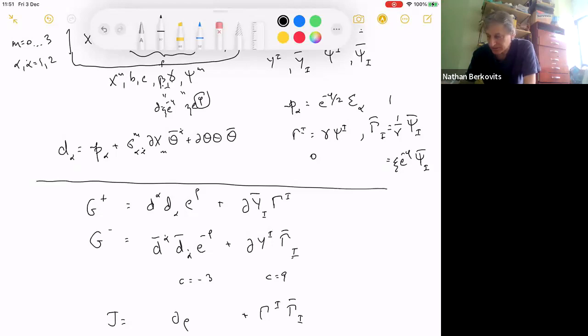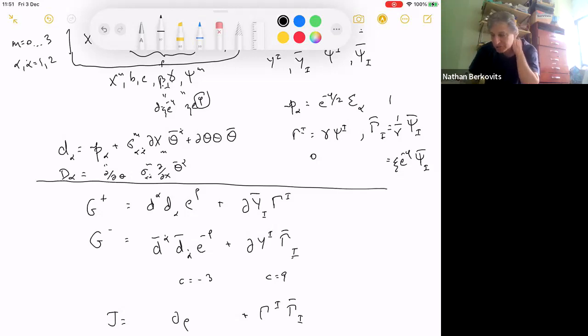So it turns out that d alpha, if you think of p alpha as being like d theta, and d x as being like d dx, then you see that this is similar to D alpha of space-time supersymmetry, Wess-Bagger.